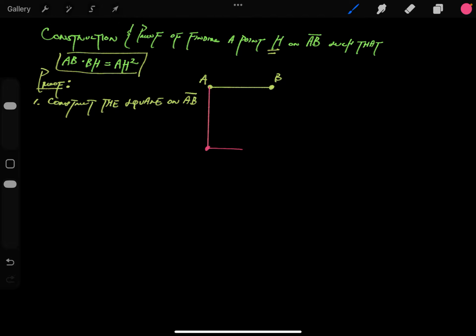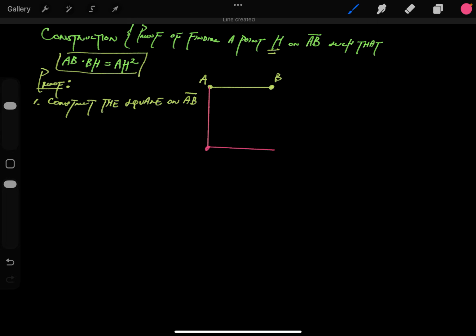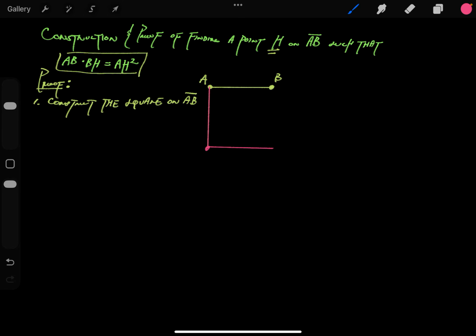I'm just gonna eyeball it, but you're gonna need to do the actual construction of a square here. And let's say that that's the square on AB. Now we label these points C and D.